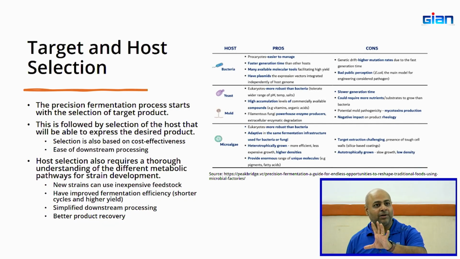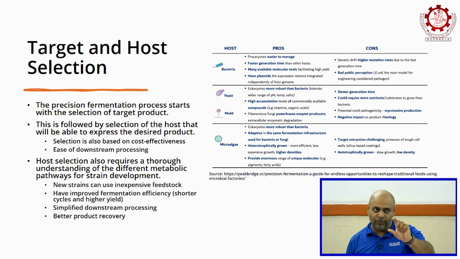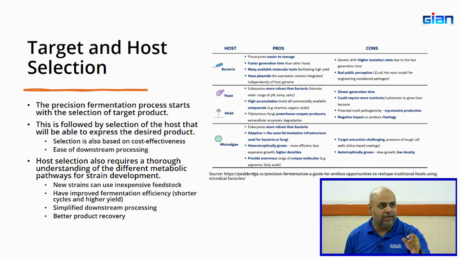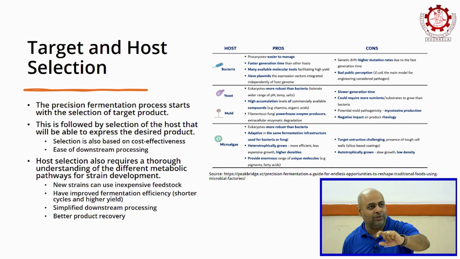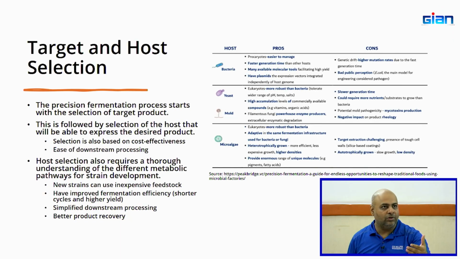If you understand the metabolic pathway, you can make changes to the host metabolic pathway to develop the product of your interest in more quantity. So new strains can use inexpensive feedstock. Now, if you modify the host biochemical pathway in such a way that instead of using sugar, it can actually develop an enzyme that can break cellulose or something else to get the sugar that can be used later on for the production of your product, you're reducing the cost.